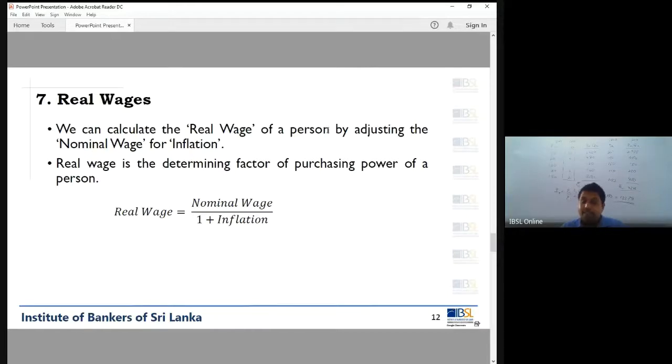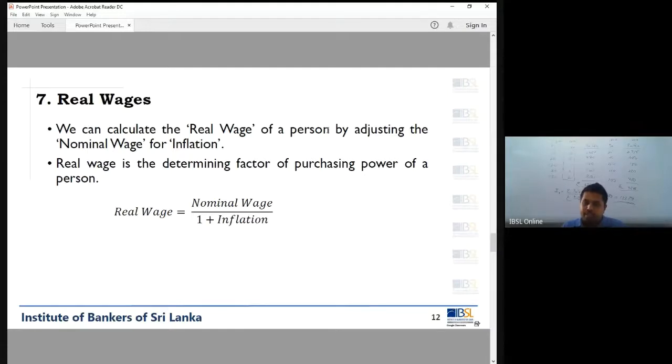If we get a deflating situation or a negative inflation, your real wage would be higher than the nominal wage that you're getting. But in a normal economic situation, with inflation being a positive number, obviously your real wage is going to be lower than the nominal wage.